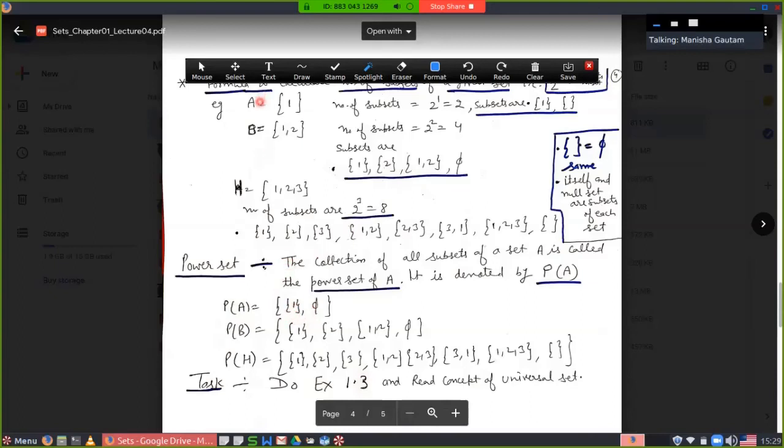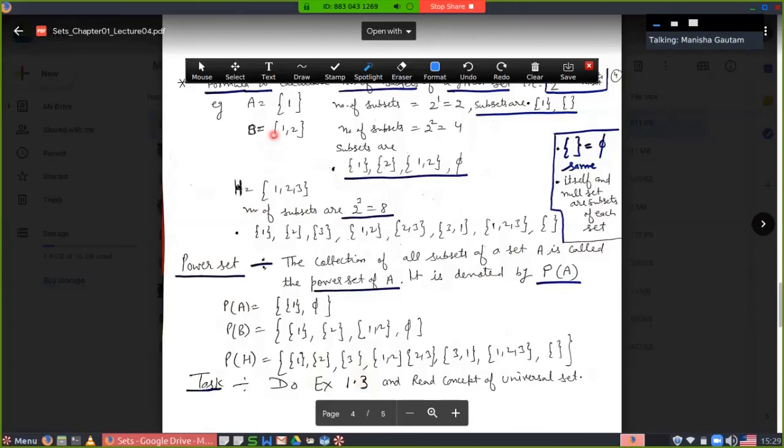Suppose A has these subsets, put these subsets as elements in a set. Put a curly bracket and write down the subsets. You will get a new set that is known as the power set of A. Capital P and capital A. Capital P represents power set, of which set? That is A.